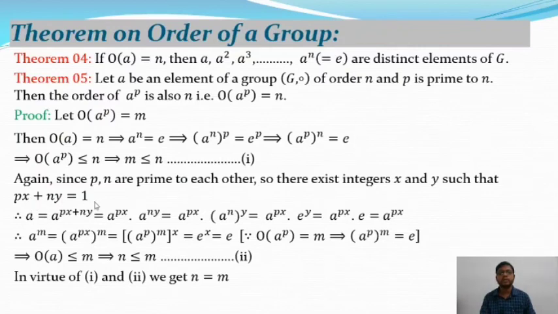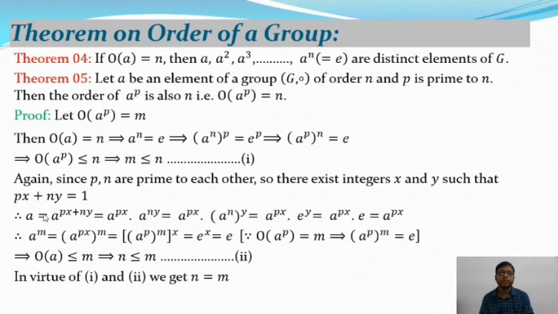From number theory we have seen that, and therefore a to the power 1 can be written as a to the power px plus ny, where p and n are prime to each other and x, y are integers. So therefore a to the power 1 is equal to a to the power px plus ny, where you know that 1 is equal to px plus ny.